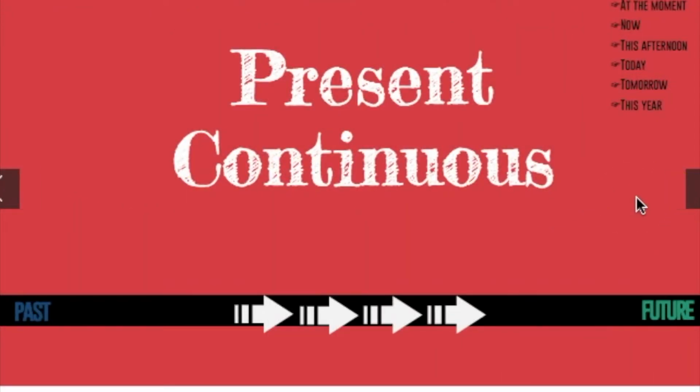We continue with present continuous. Here we have some time expressions. At the moment, now, this afternoon, today, tomorrow, this year. Remember that when we use this tense, we refer to actions that are happening at the moment of speaking, or in the future.